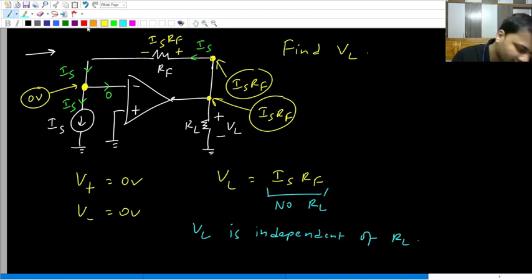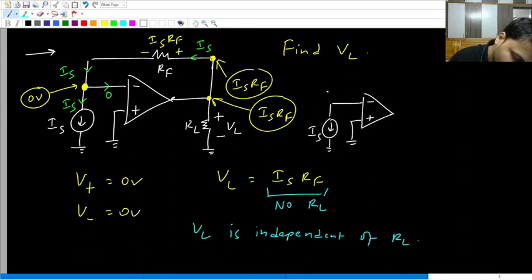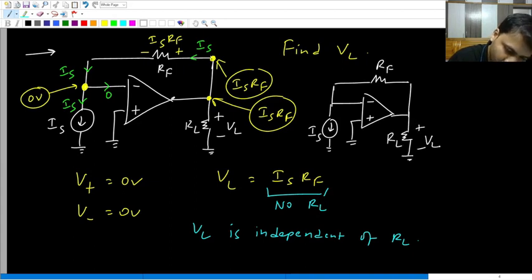Okay. So let me draw the same circuit once again because I forgot to copy it. So here is our actual circuit.